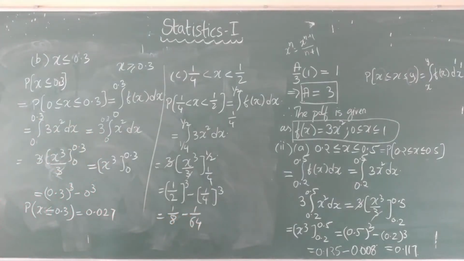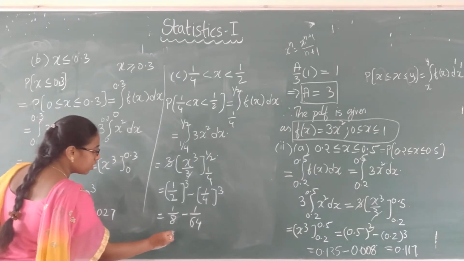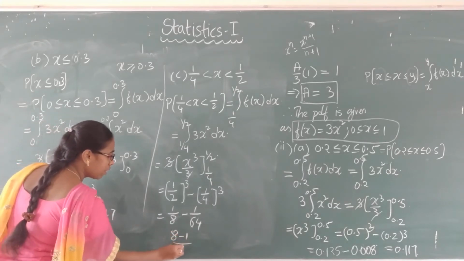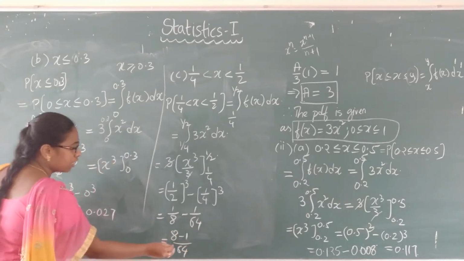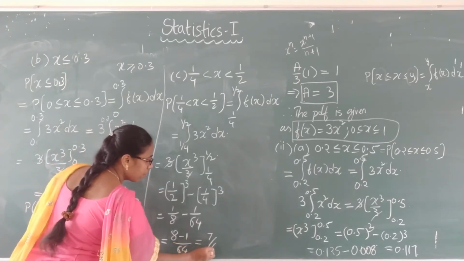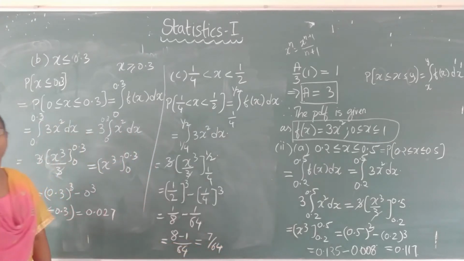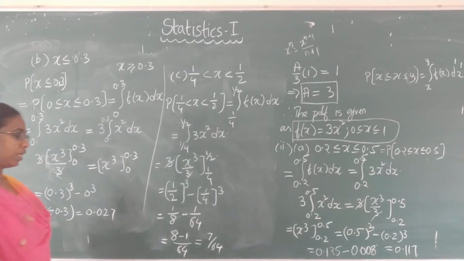Now simplify this one. If you consider the LCM as 64, 8 8s are 64, right? So you will be getting 8 minus 1 by 64, that is equal to 7 by 64. So this is the required probability that x lies between 1 by 4 and 1 by 2. So 7 by 64, the decimal value, is 0.109.